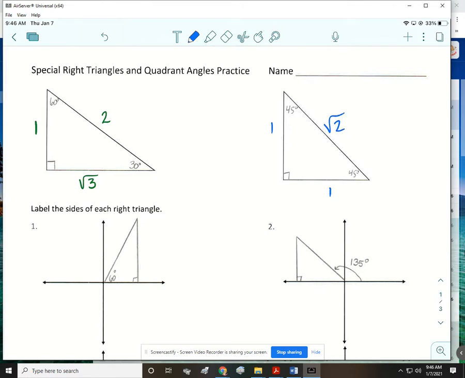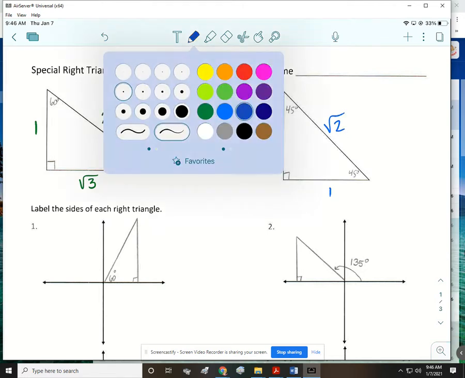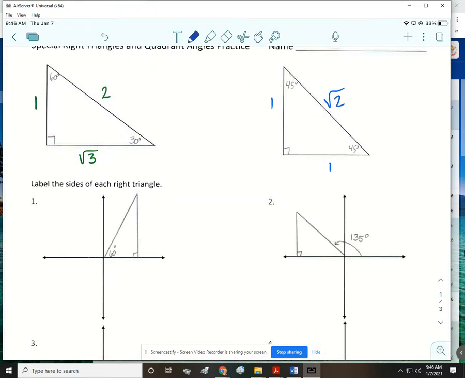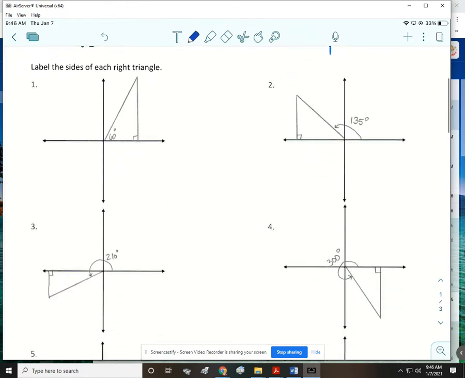All right. So what we're getting ready to do next, you're going to need to be extremely familiar with how to label these triangles. I'm going to do several of these with you, and then your assignment is going to be to finish. So I have a triangle drawn in quadrant 1. The angle at the origin is 60 degrees, and I have a right angle.